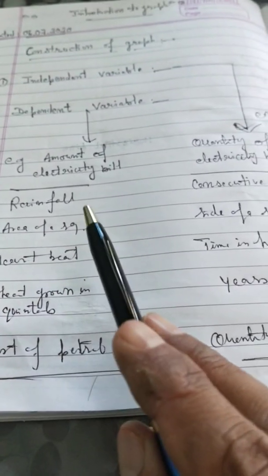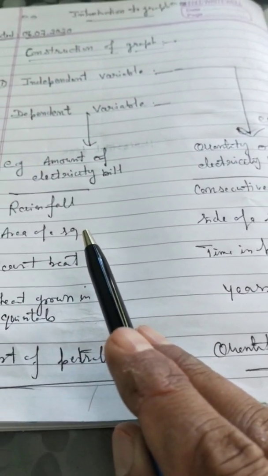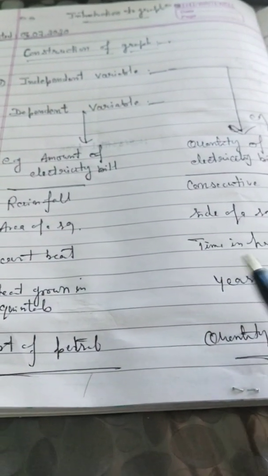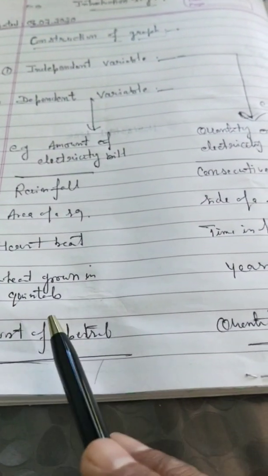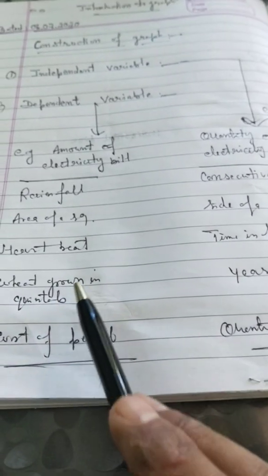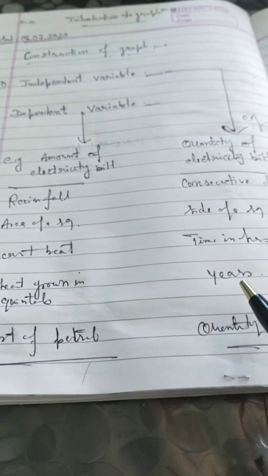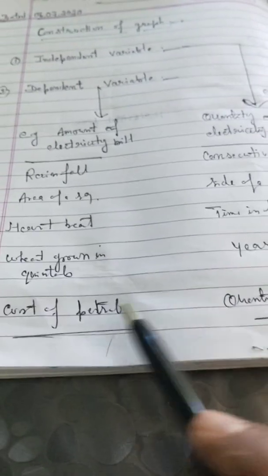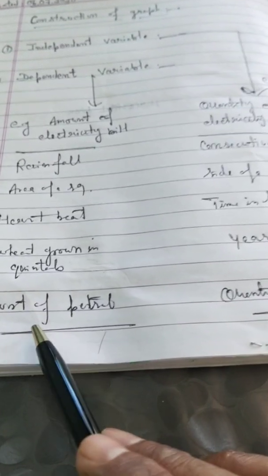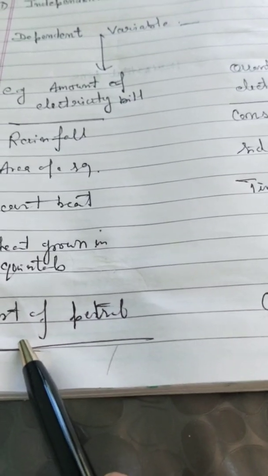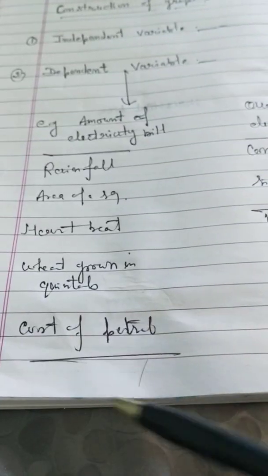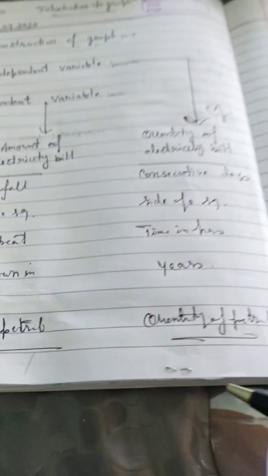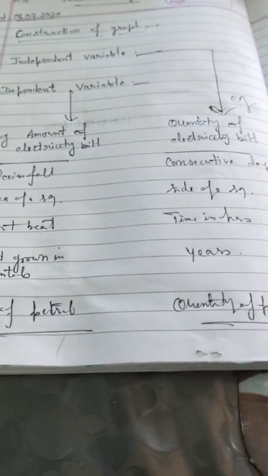Heartbeat is dependent, and time in hours is independent. Wheat grown in quintals is dependent, and years is independent. Cost of petrol is dependent, and quantity of petrol is independent.